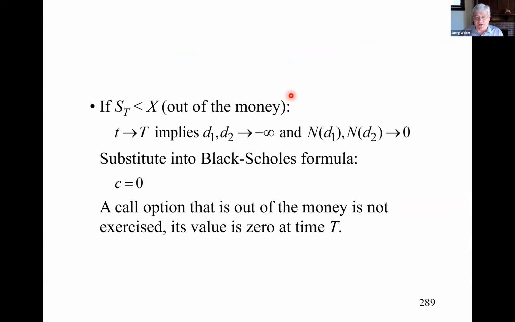And if at time big T it's out of the money, then we don't exercise. Naturally, we don't buy at 100 if in the market we can get it maybe at 80, cheaper, at time big T. So it's out of the money. The option is valueless. And that's exactly what the Black-Scholes solution also shows.